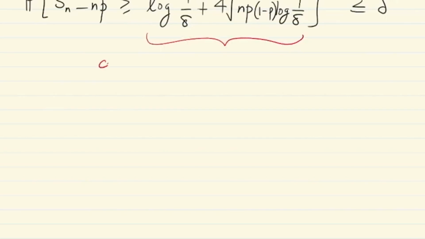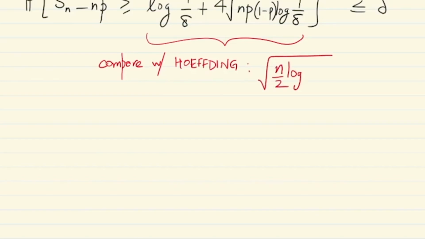Just to remind you what Hoeffding would have given for the same delta target probability of error, let's compare with Hoeffding. The typical deviation from Hoeffding would be basically square root of n by 2 log 1 by delta.